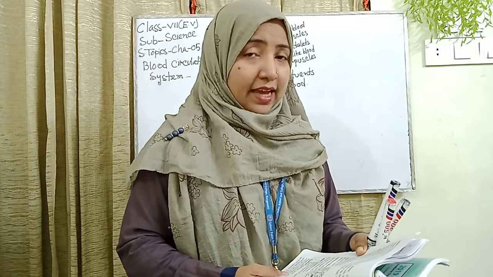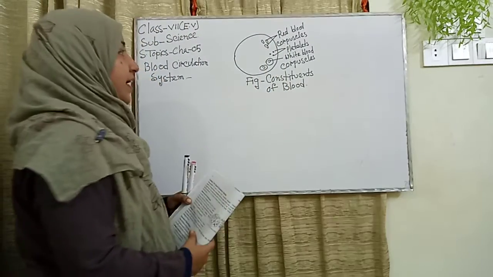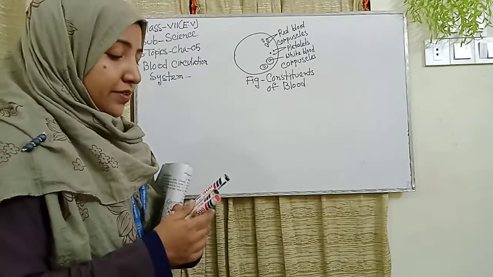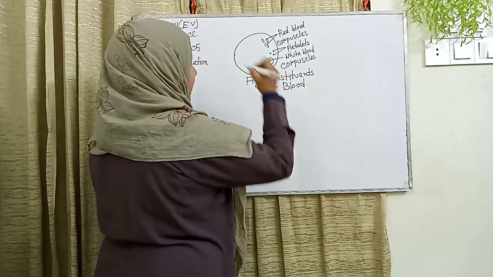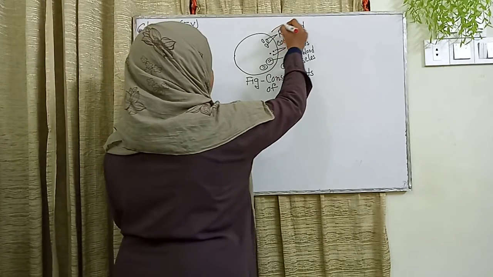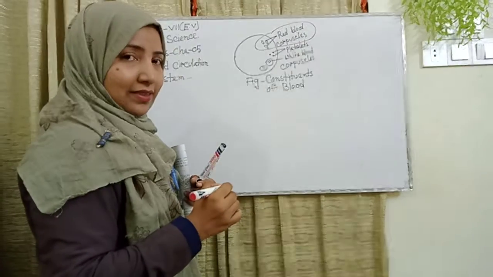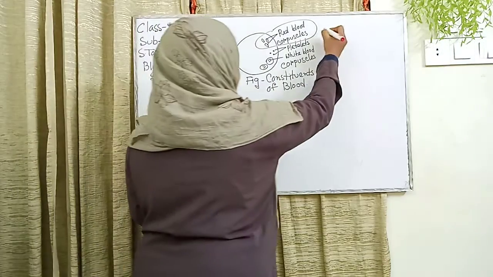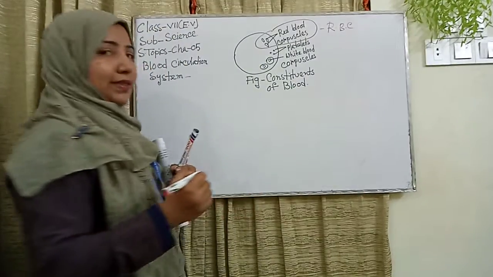Blood contains two constituent materials, as I explained in the previous text. First is plasma and another is blood corpuscles. First, I draw the figure of the constituents of blood. Please everyone see the board. The first structure is the RBC, red blood corpuscles.